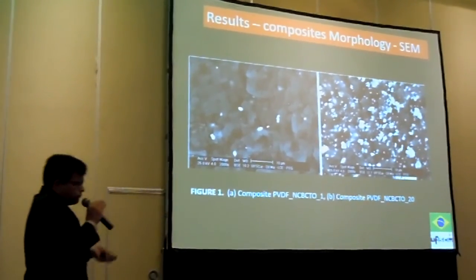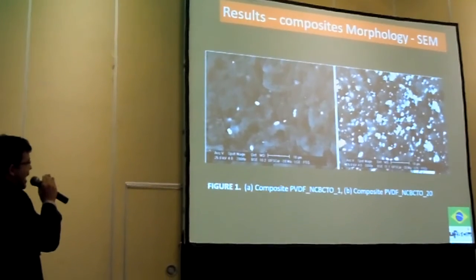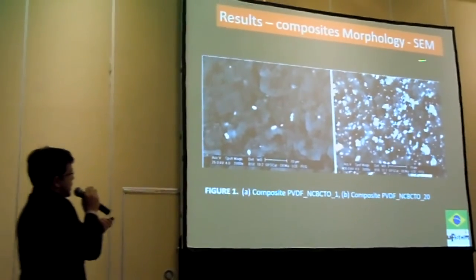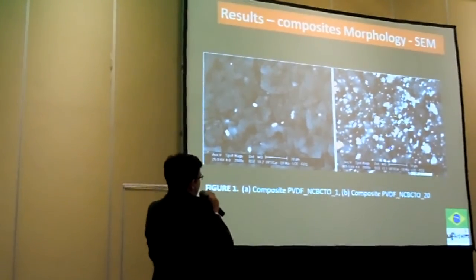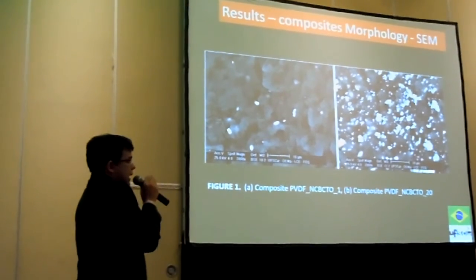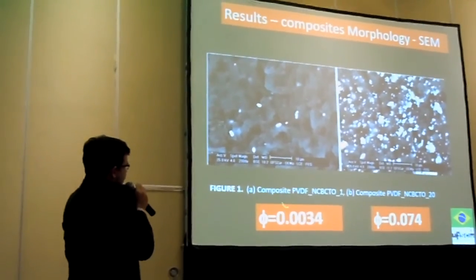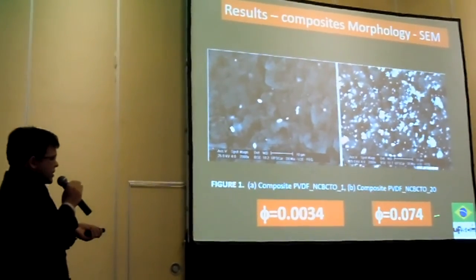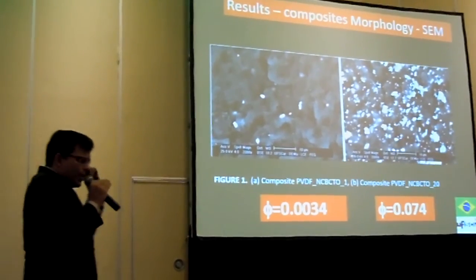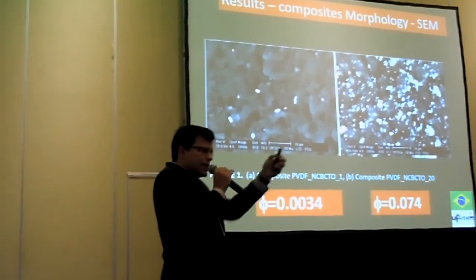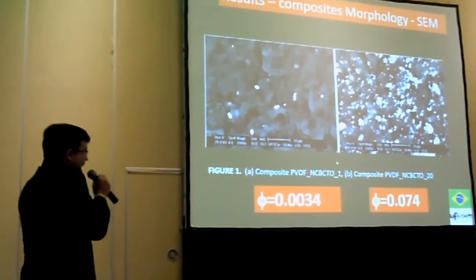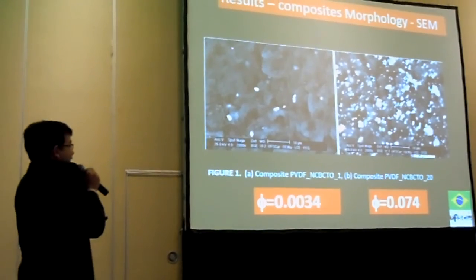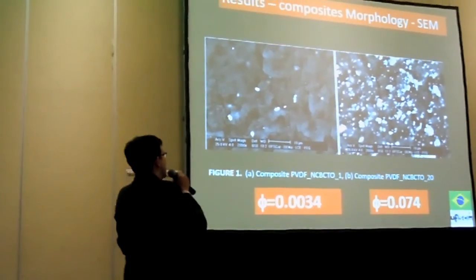Well, for this research work, these are the scanning electron microscopy images of our nanocomposites, and this is the volumetric fraction that we obtained for them. It's a preliminary study. Remember, we made casting and then internal mixing in order to try to improve dispersion and distribution, but we still have agglomerates.